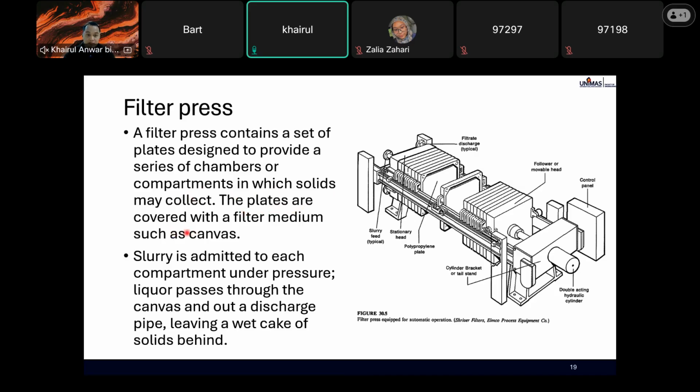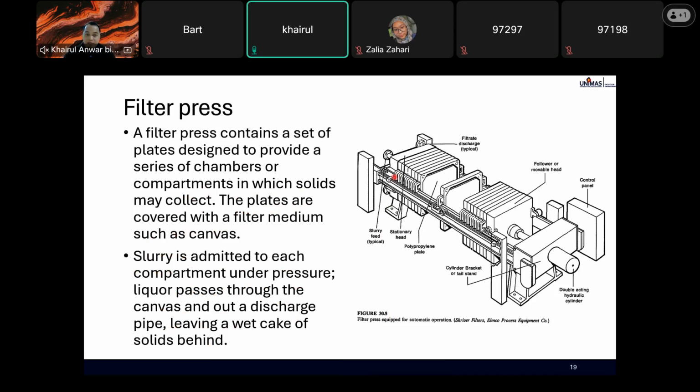The plates are covered with a filter medium such as canvas. Slurry is admitted to each compartment under pressure. Filtrate passes through the canvas out of the discharge pipe, leaving a wet cake of solids.